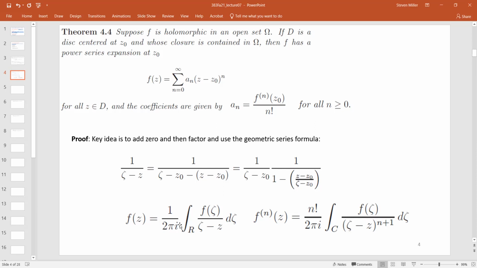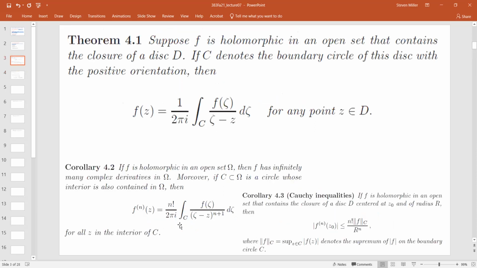The proof is actually pretty straightforward. A lot of it comes down to what can you do legally, what you have to really justify. If we go back a page to trying to prove the formula for the nth derivative, well, if I just take n derivatives and say the derivative of the integral is the integral of the derivative, then we're done. You need to be able to justify that.